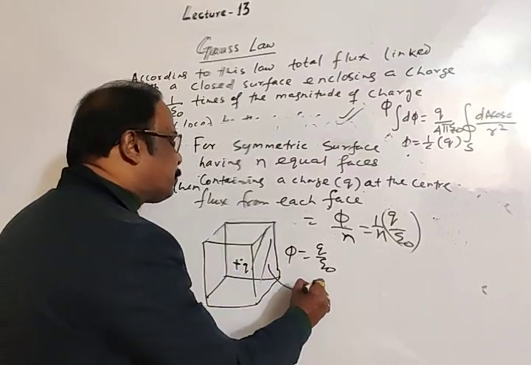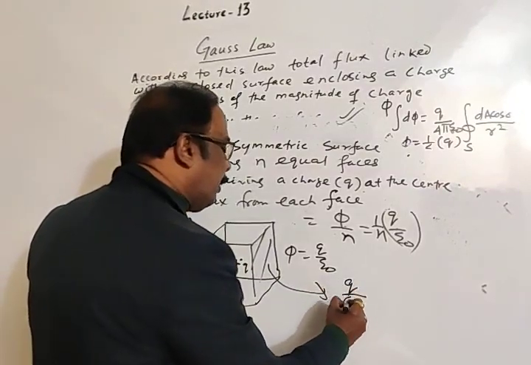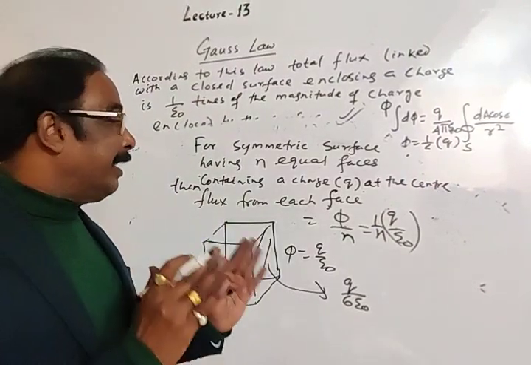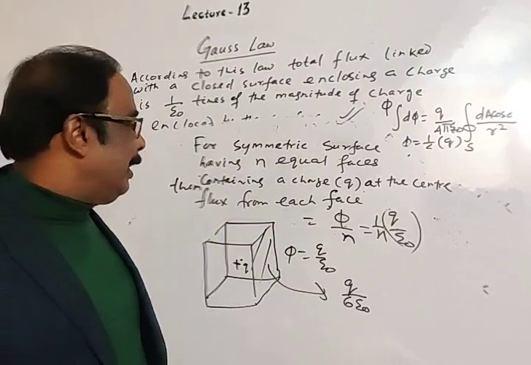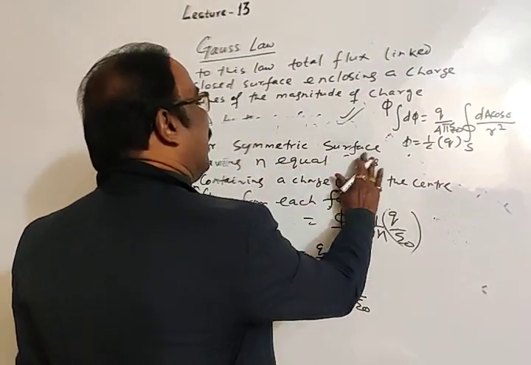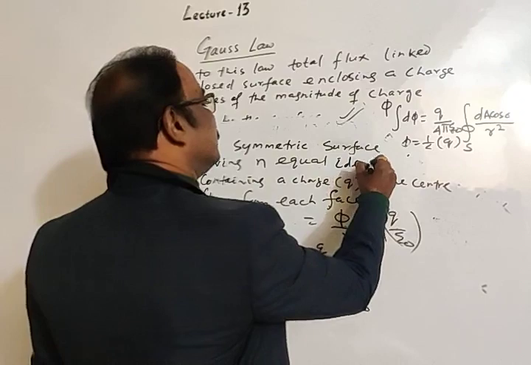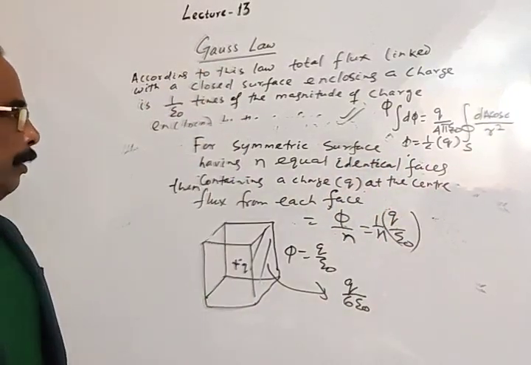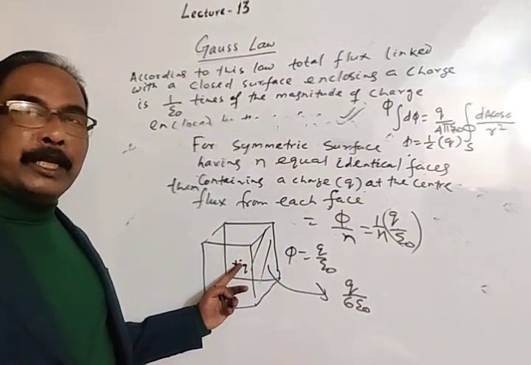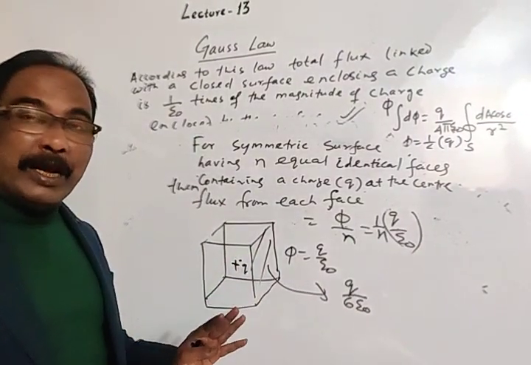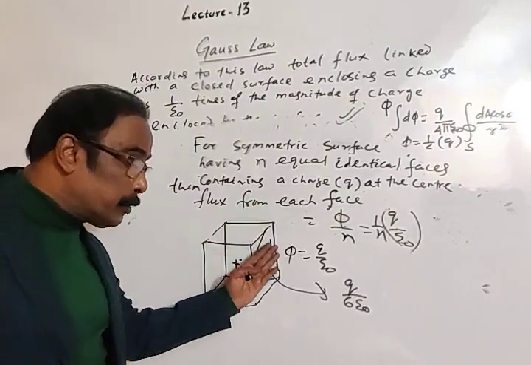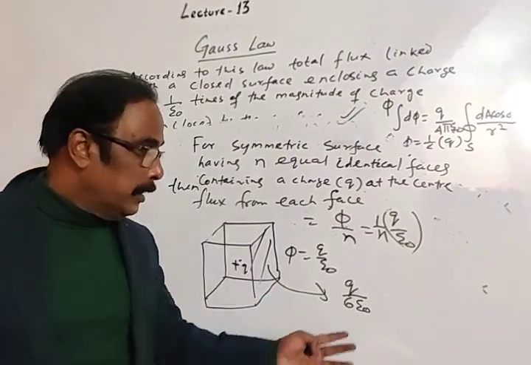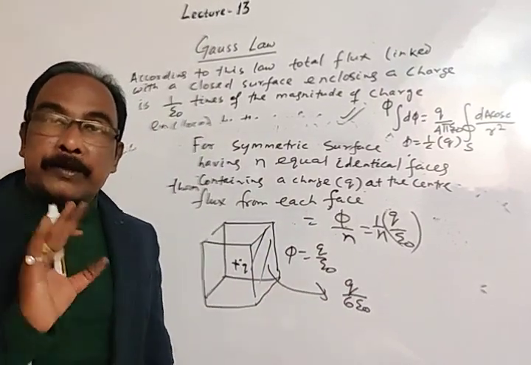Then flux from each face will be q divided by 6 epsilon naught, since the cube has 6 equal identical faces. So the flux from each face of the cube will be 1 by 6 times the total flux, meaning q divided by 6 epsilon naught.